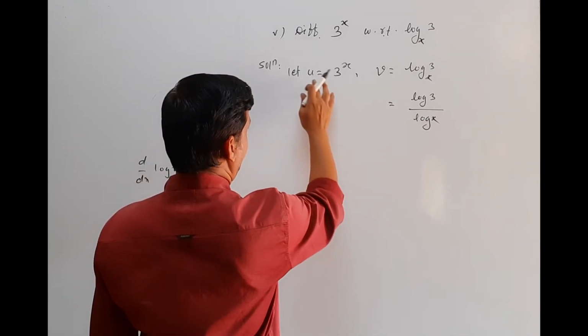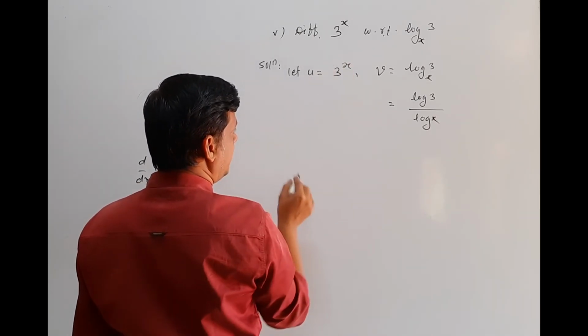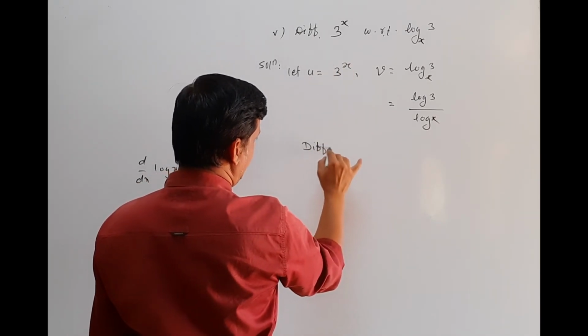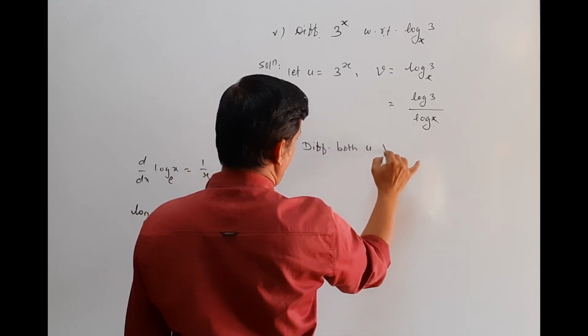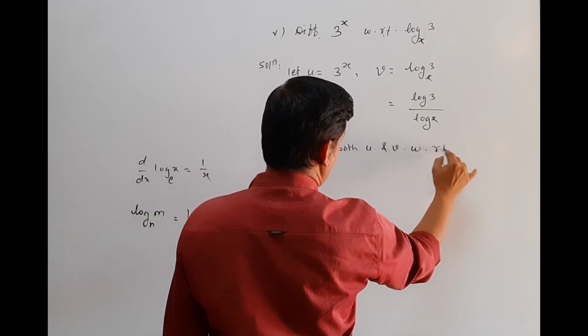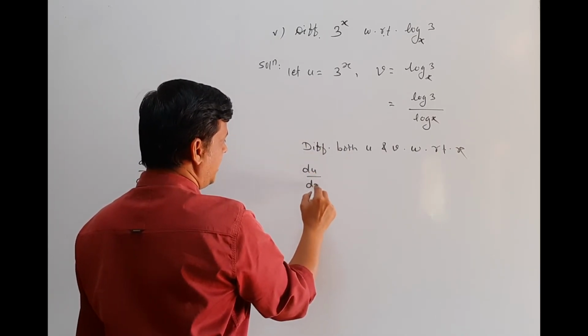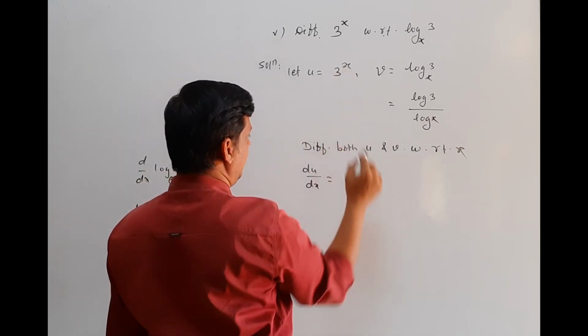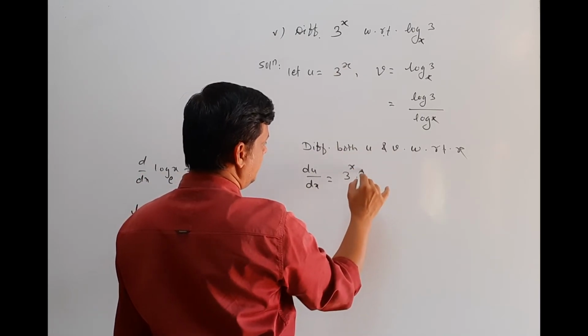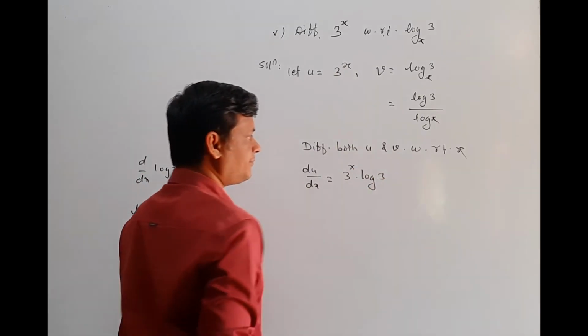So we differentiate both u and v with respect to x. So the derivative of u with respect to x, we write du by dx. The derivative of 3 raised to the power x is 3 raised to the power x into log 3.